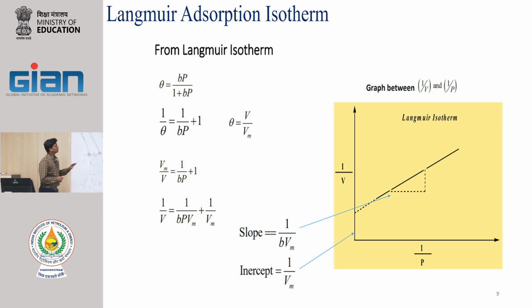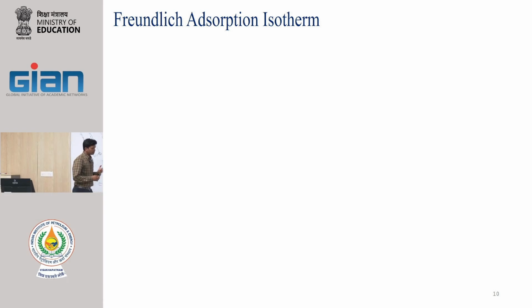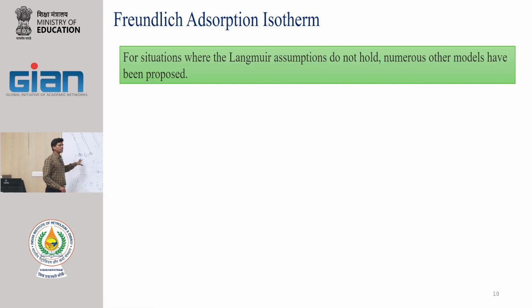Because the Langmuir adsorption isotherm is so ideal, it only talks about monolayer adsorption and a flat surface, they came up with the Freundlich adsorption isotherm. Initially when it started, unlike the Langmuir adsorption isotherm, it did not have any fundamental basis.